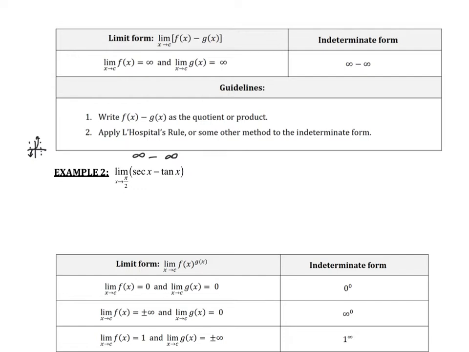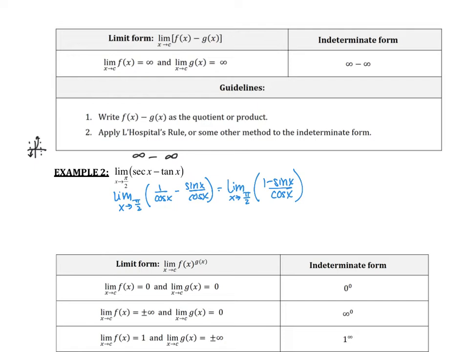So I'm going to rewrite this as the limit as x approaches pi over 2 of, secant is 1 over cosine of x, and tangent is sine of x over cosine of x. If I write this as one quotient, this is equal to the limit as x approaches pi over 2 of 1 minus sine of x over cosine of x.